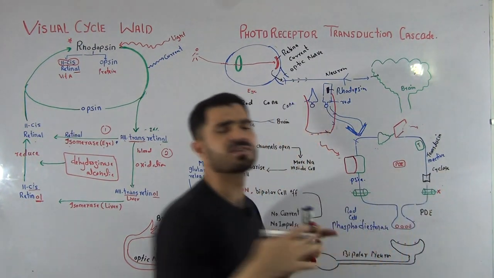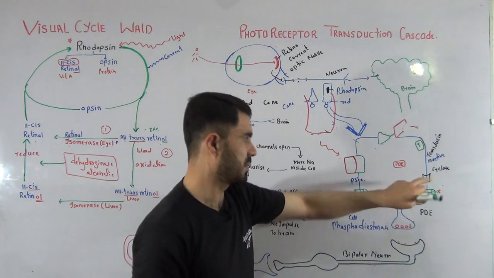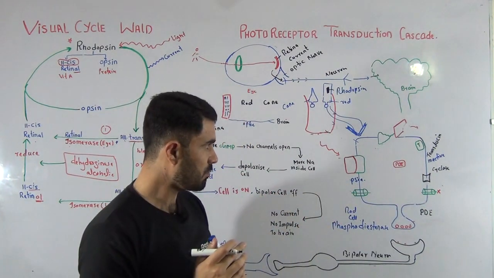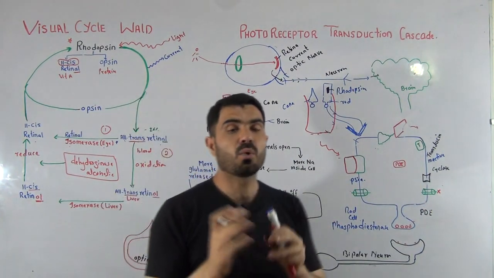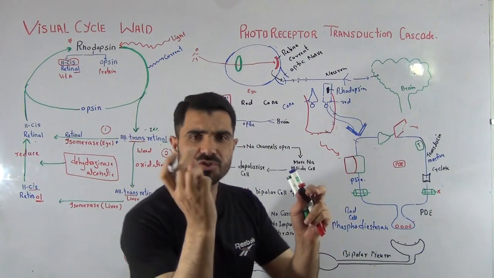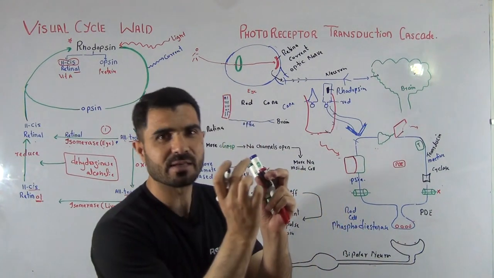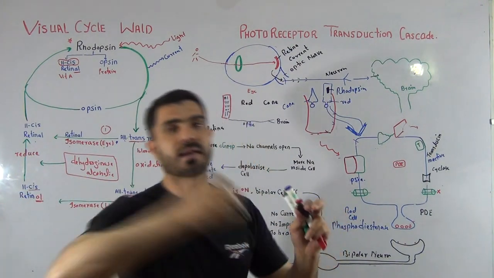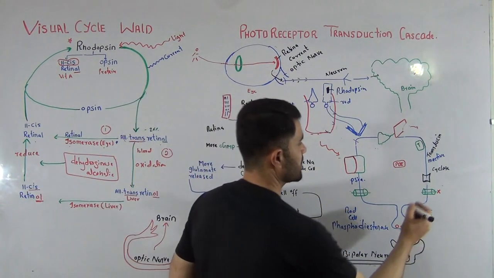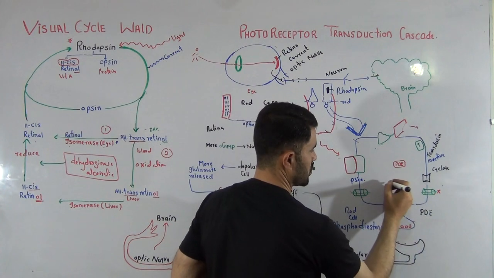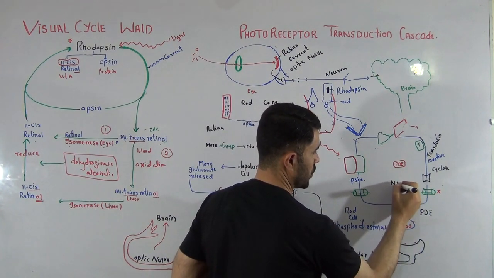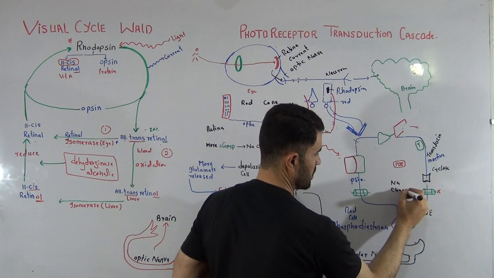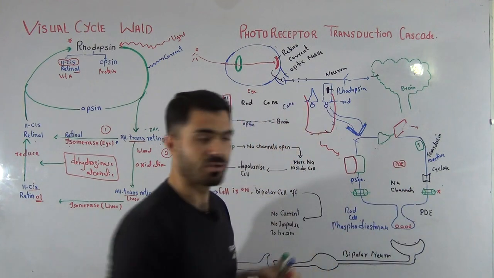Let me make it much simpler. This is another enzyme called cyclase. And we have some channels, small pipe-like structures through which ions can enter and exit. These are called sodium channels.